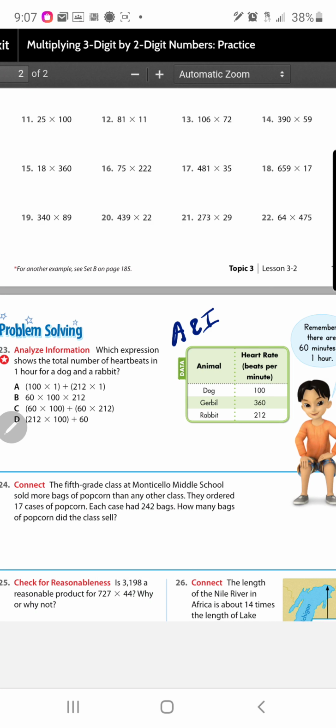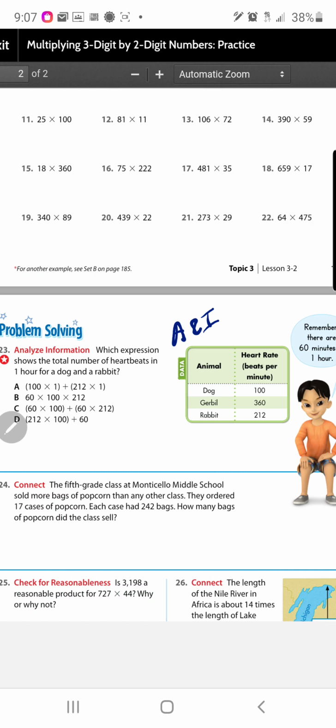So it says, which expression shows the total number of heartbeats in 1 hour for a dog and a rabbit? Well, remember that the dog's heartbeat is 100 beats per minute, right? Well, that's just 1 minute though. How many minutes are there in an hour? Well, there's 60, right?